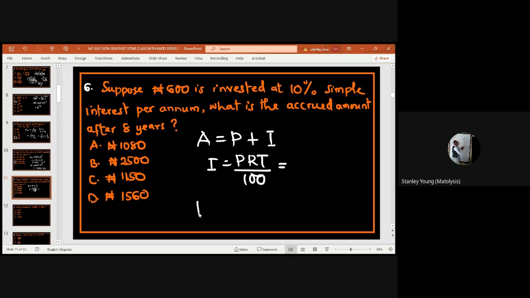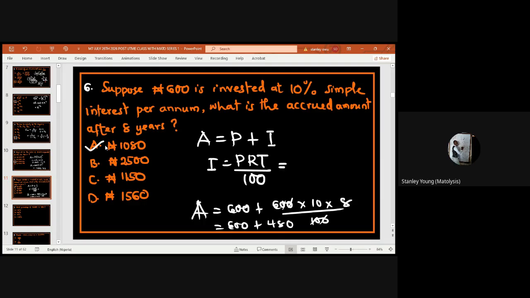So the amount is equal to 600 plus 600 times the rate in percentage, which is 10, times the number of years, which is time, 8, divided by 100. So this cancels out. So you simply have 600 plus 480. When you add 600 and 480 together, that gives you 1,080. That's the final answer.